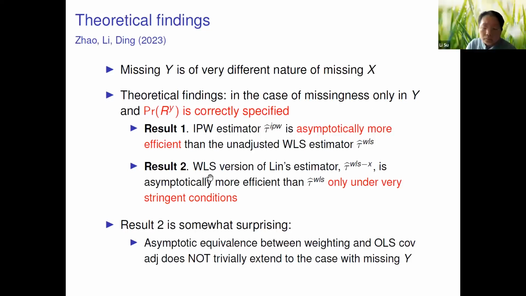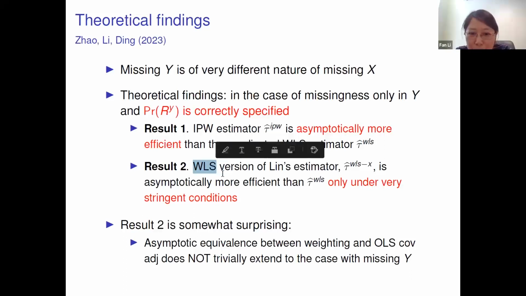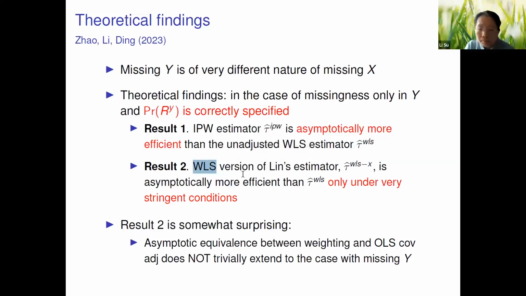Yeah, what we find is greatly surprising to us. We thought that for sure the weighted least squares should be more efficient, right? But it turned out that it's only more efficient under very stringent conditions, including that the true outcome model is linear and there is a homogeneous treatment effect.